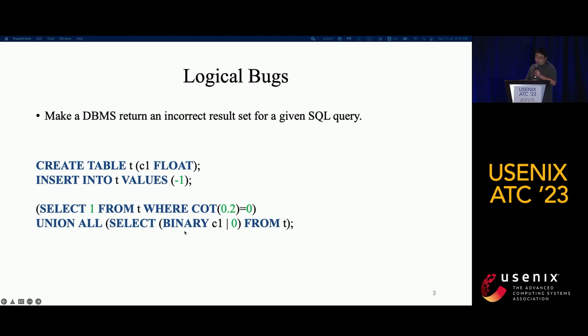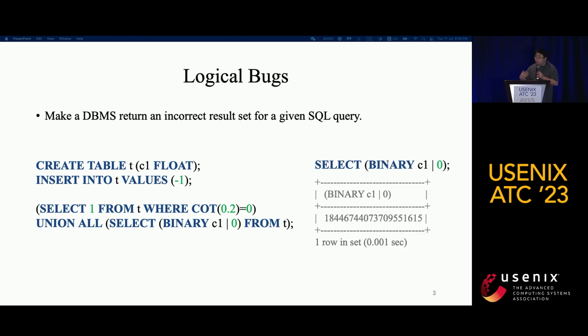The first query selects some data, but the result is empty, because the predicate in this where clause always evaluates to false on this table. On the other hand, the second subquery returns a very large integer as a result.